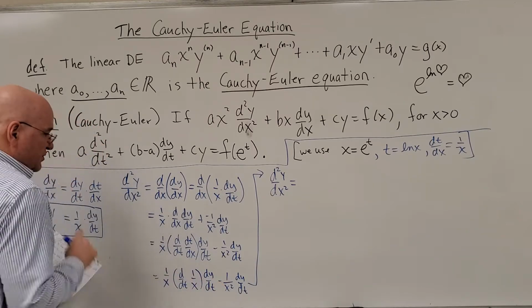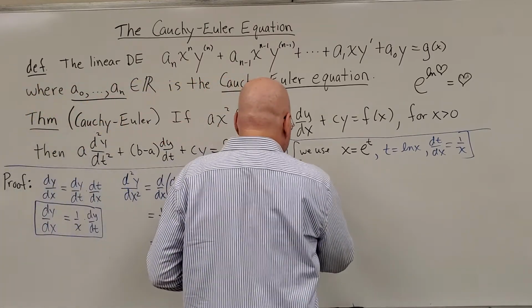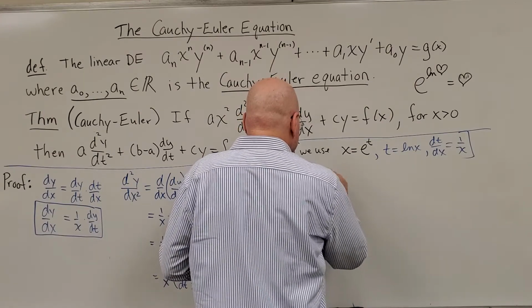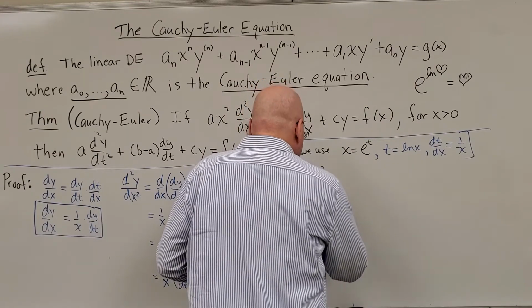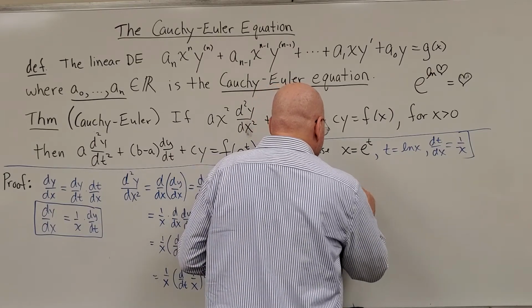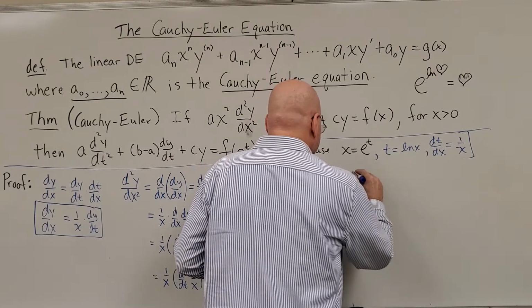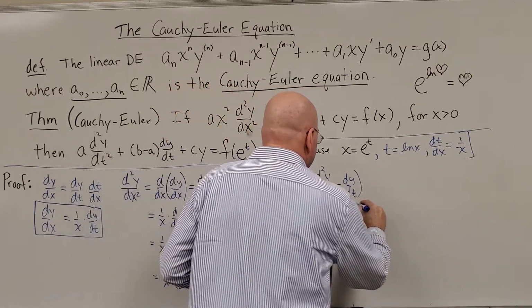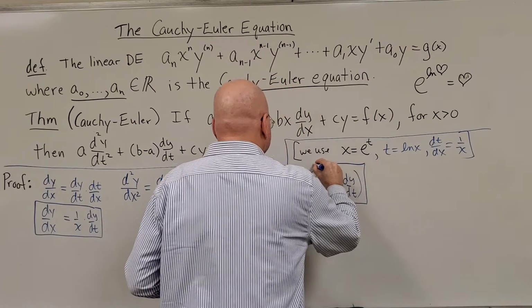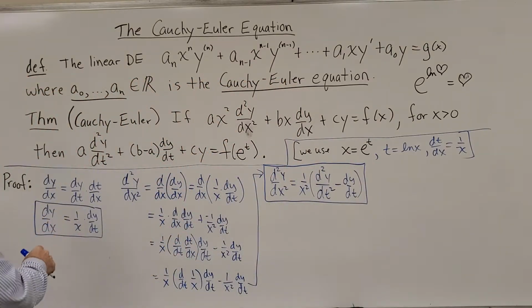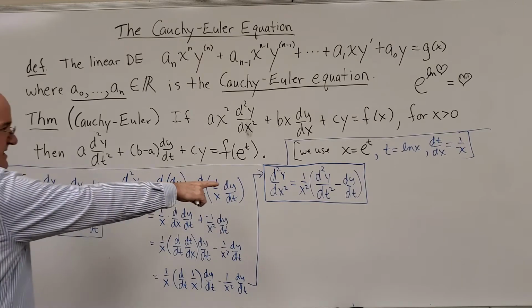There's a 1 over x squared there as well, so we factor it out and we get 1 over x squared times, in parentheses, d squared y over dt squared minus dy/dt. So I'm going to use this again, and I'm going to use that again.